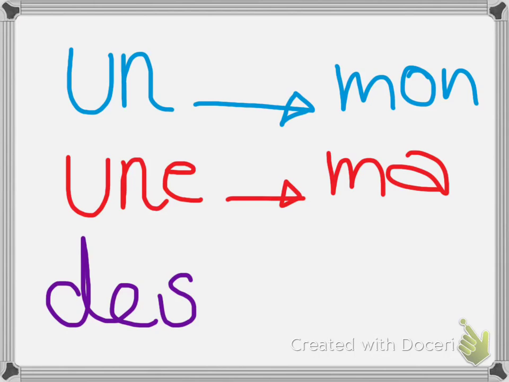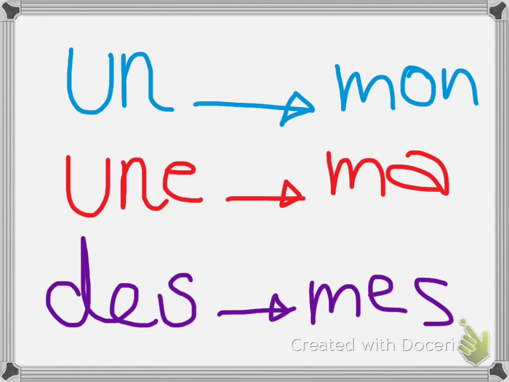And if there are more than just one thing that you want to show possession of, we replace des, the plural article, with the possessive adjective mes. Okay? And once again, a reminder, your gender is completely irrelevant. The only thing that matters is the gender of the person or the object that you show ownership of.